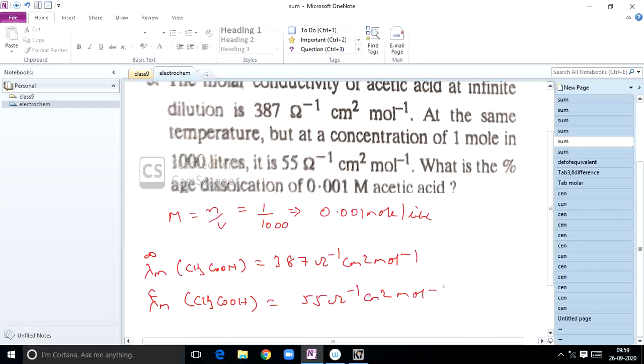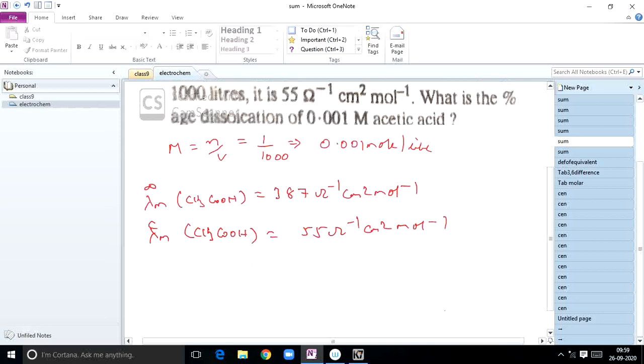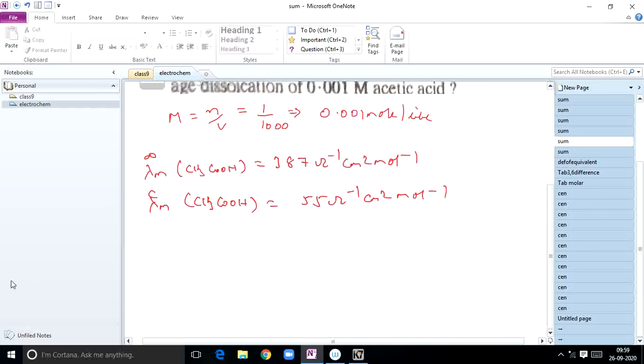What is the percentage dissociation? First you calculate the alpha value. Alpha is equal to lambda mc by lambda m infinity. So lambda mc means 55 by 387. Okay, you will get the alpha value.